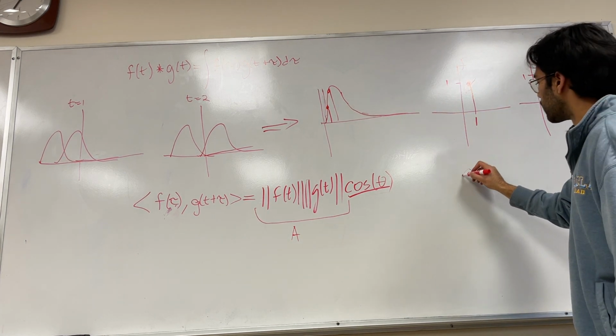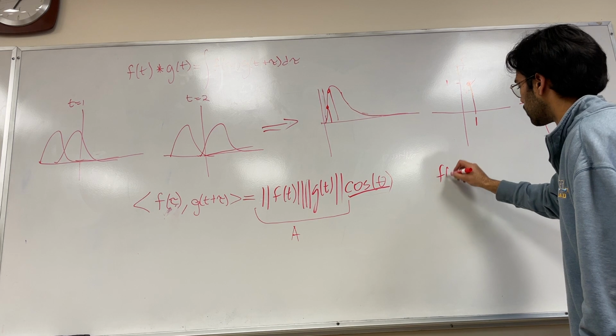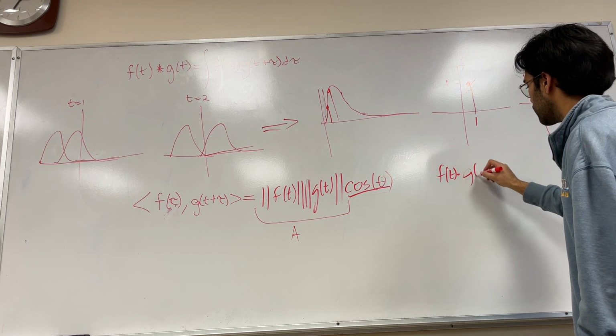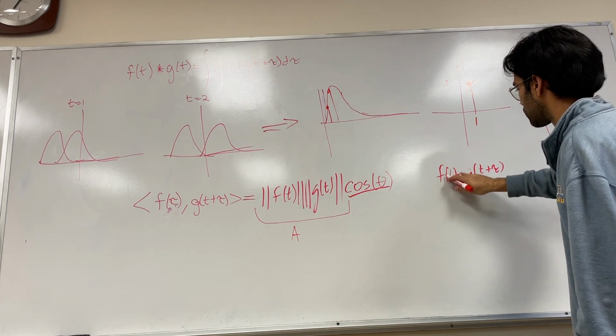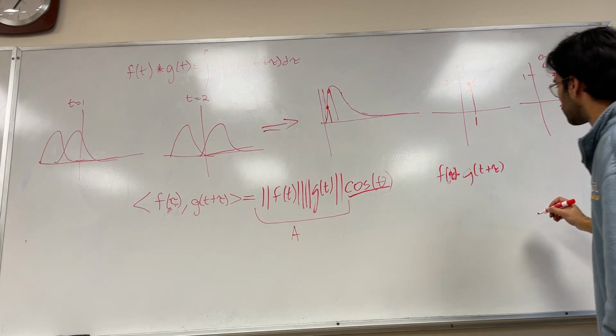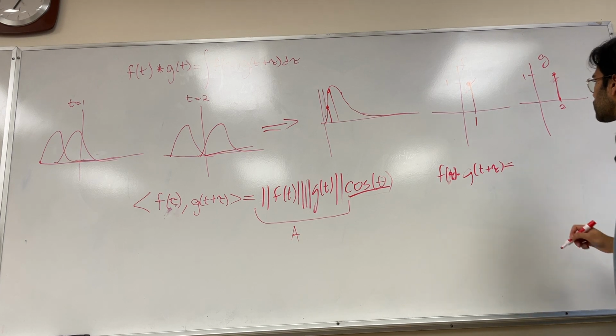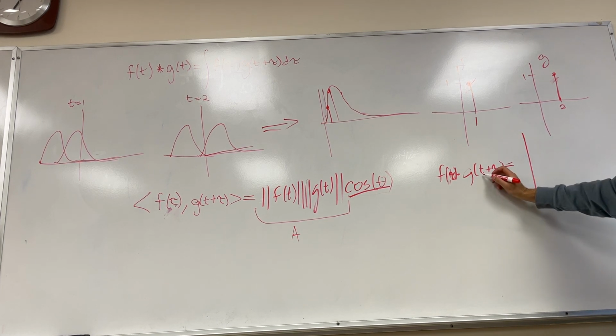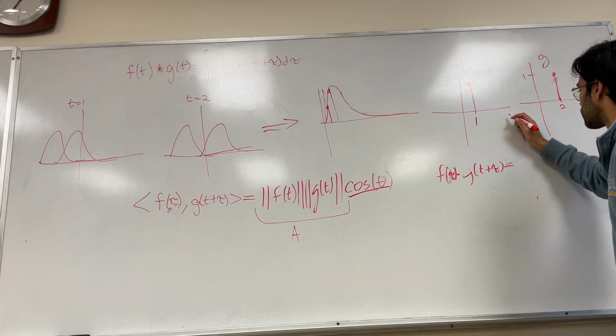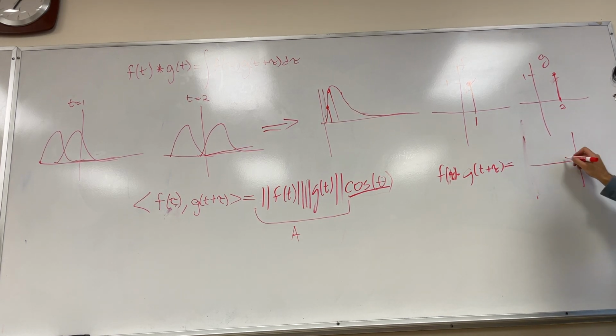Then we know that f of t times g of t plus tau, mixing up variables, f of tau equals, well, when these two align, you're going to have a little spike. So that's when t equals -1. You're going to have a spike.